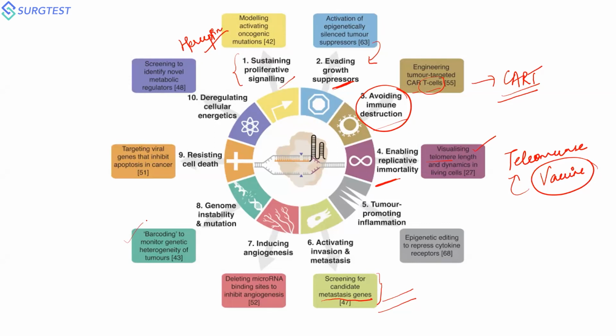And resisting cell death, or preventing the cell from cell death, can be counteracted by, again, CAR T therapy, which is being described using viral genes, where there is a hybrid of genes between the host T cells and the genes from the viral oncogenes, which will be incorporated and injected.